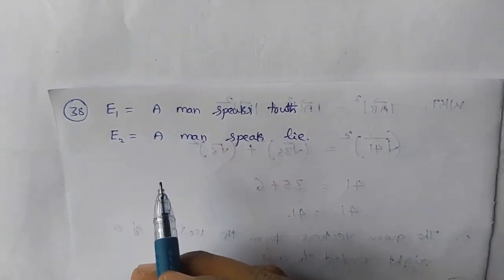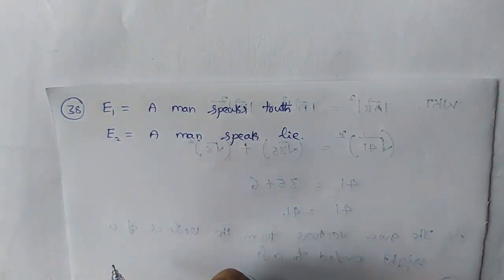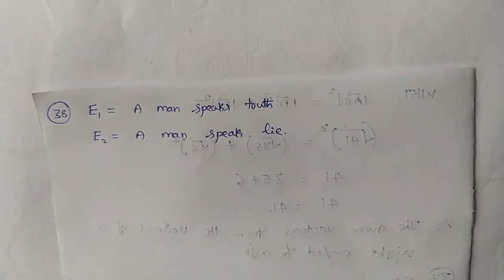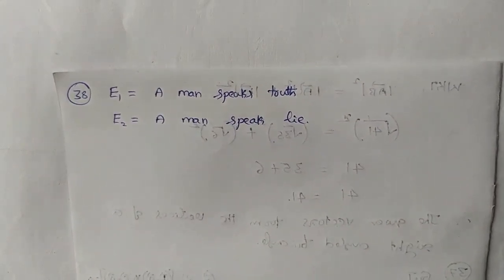Once again, a man is known to speak truth 3 out of 4 times. Suppose he talks 4 times, in those 4 he speaks one lie, and out of 4 times he speaks truth 3 times.